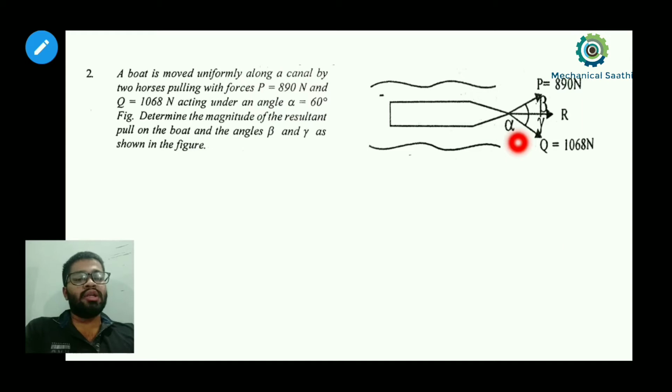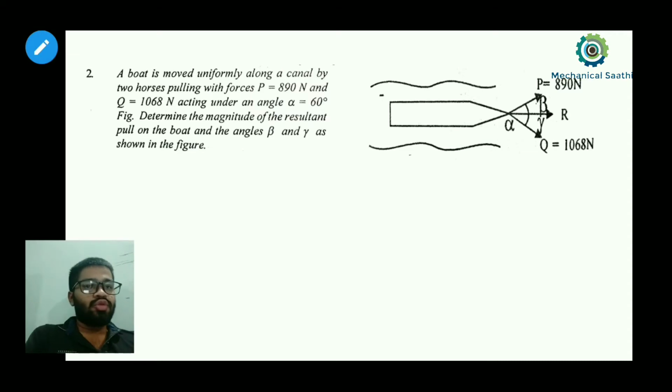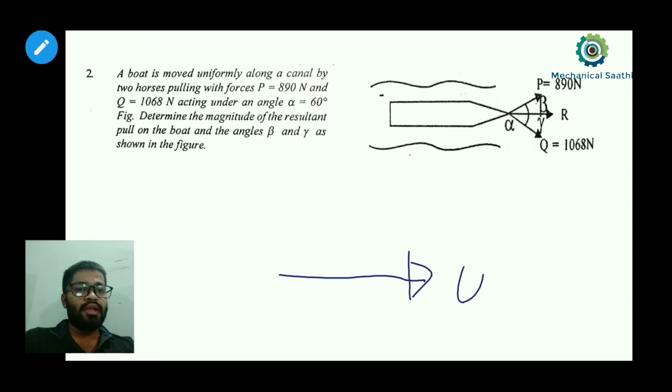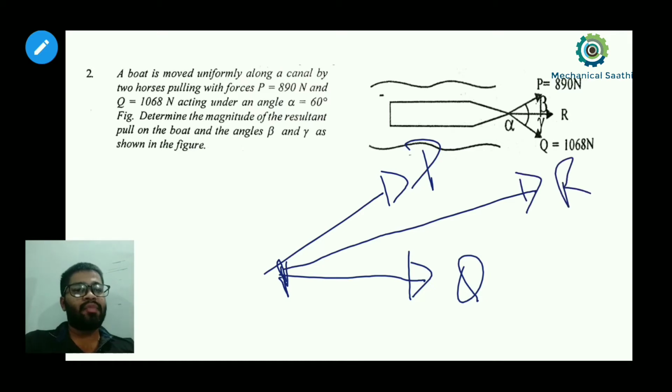How can we draw the diagram for the parallelogram, and how can I represent the force? Let us draw that first. I represent this as Q and this as P. Then the diagonal will pass through this point, and I can represent it by R. This diagonal can be calculated by the parallelogram law.